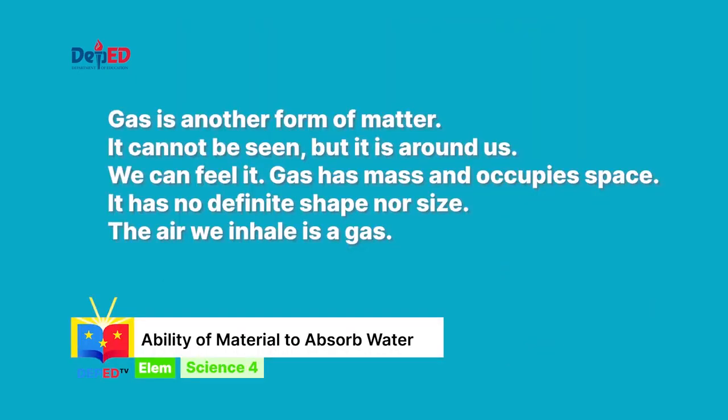Gas is another form of matter. It cannot be seen, but it is around us. We can feel it. Gas has mass and occupies space. It has no definite shape nor size. The air we inhale is gas.